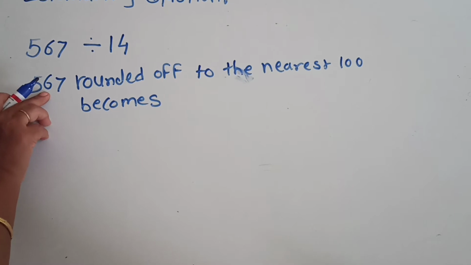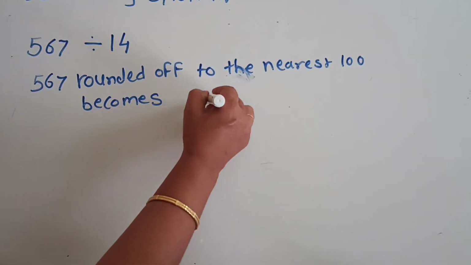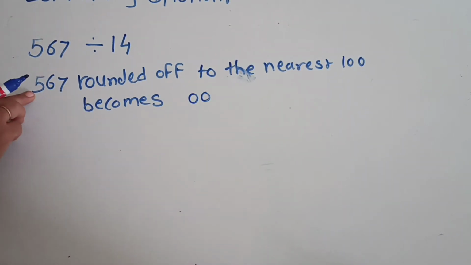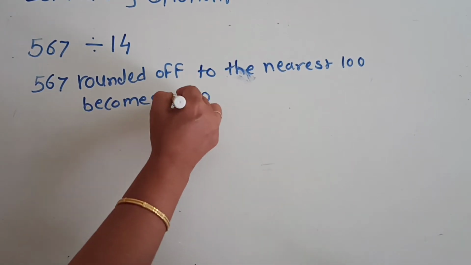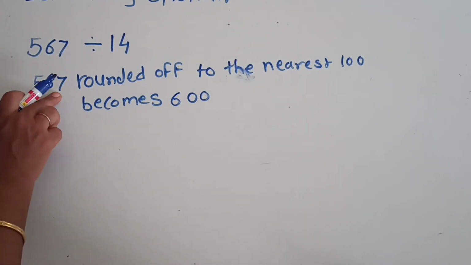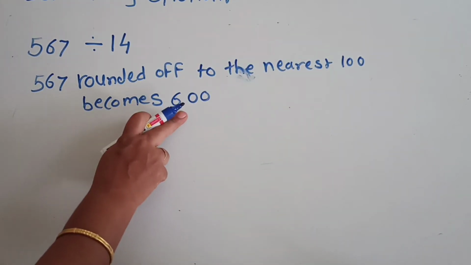It is more than 5. So we have to add one in the 100 place. Ones and tens places are 0 and 0, and 5 plus 1 is 6. So 567 rounded off to the nearest 100 becomes 600.